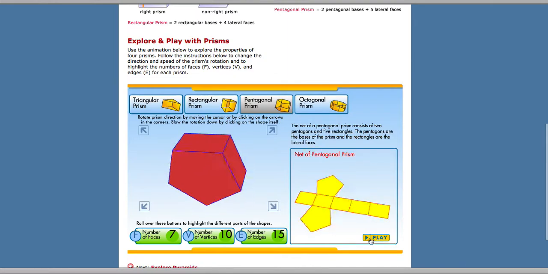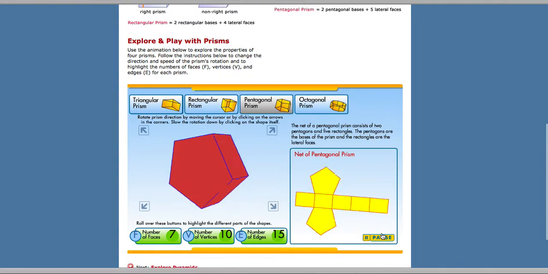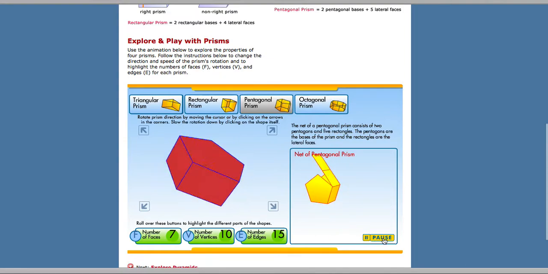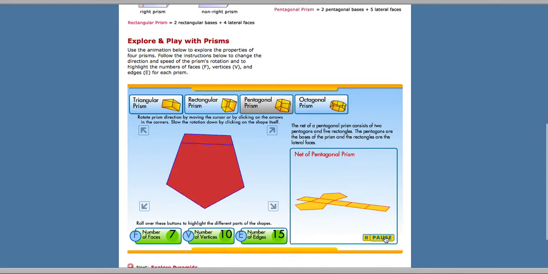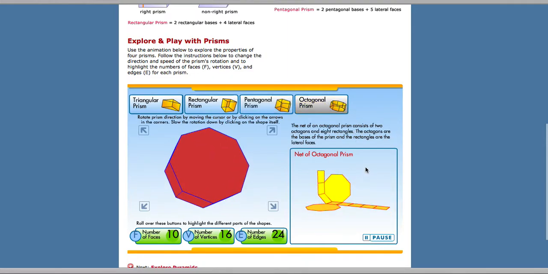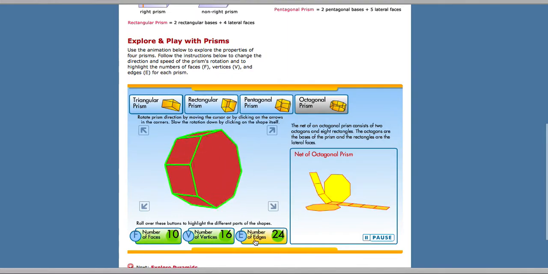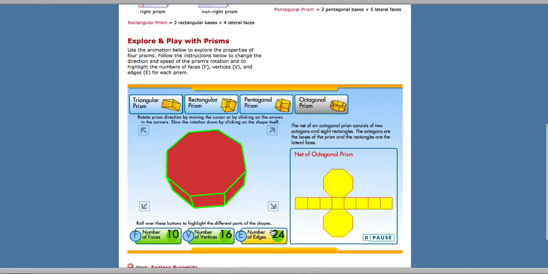Let me pause it right about now. One more time. There it is. Okay, and finally, this is an octagonal prism because the base is shaped like an octagon. It has 10 faces, 16 vertices, and 24 edges.